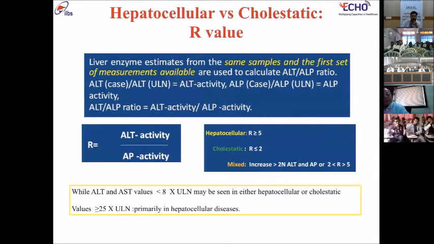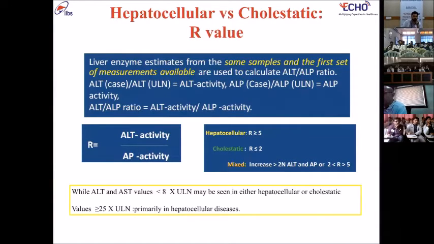So distinguishing between the cholestatic and the hepatocellular pattern of drug-induced liver injury is basically determined by the R value, which is a ratio of the ALT activity by the ALP activity. ALT activity is determined by the ALT of the patient divided by the ALT upper limit of normal, while ALP activity is determined by the ALP of the patient divided by the ALP upper limit of normal. The ratio between the ALT and the alkaline phosphatase activity determines the R ratio.